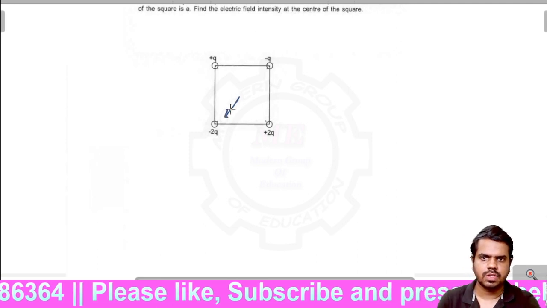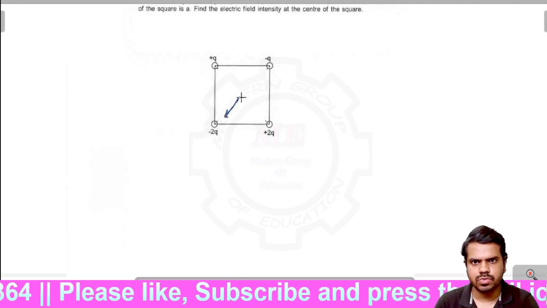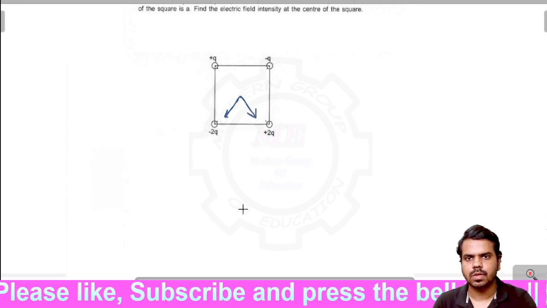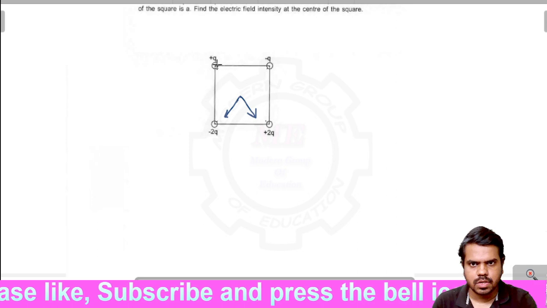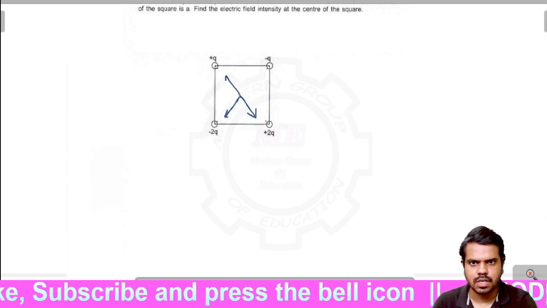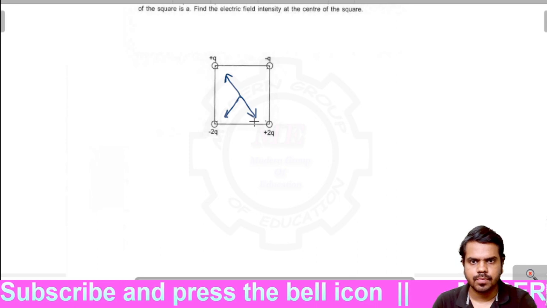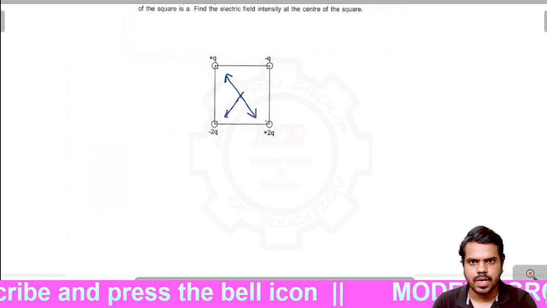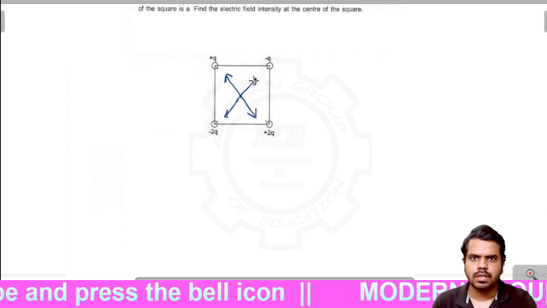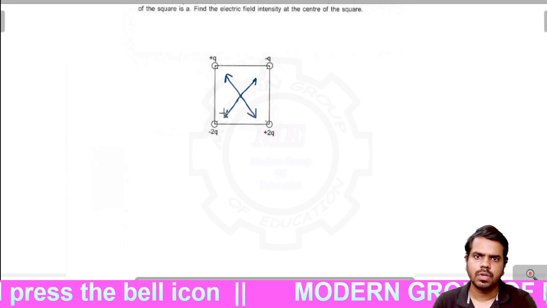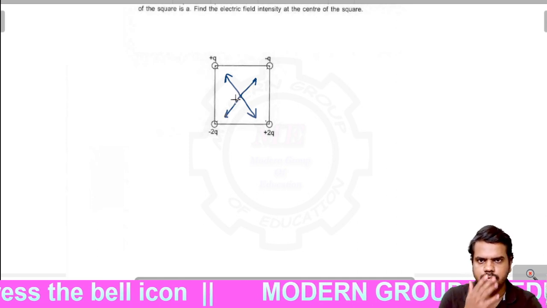The electric force will act like this, and the force will act like this. So the plus q charge will repel this charge here, the plus 2q charge will repel this here. Okay. The minus 2q charge will attract this, and minus 2q will attract this in this direction. So there will be two directions here.